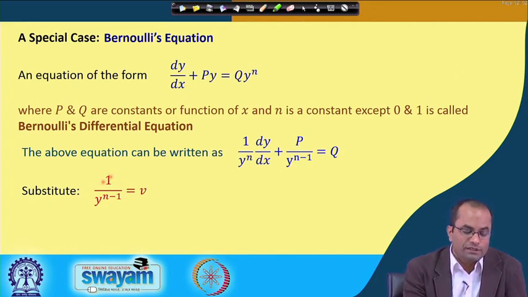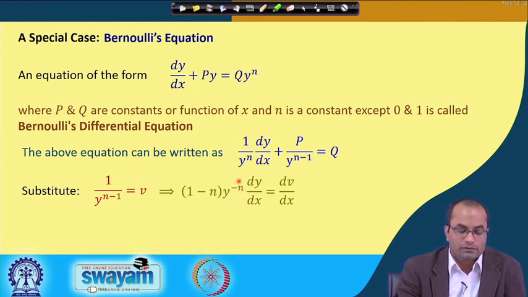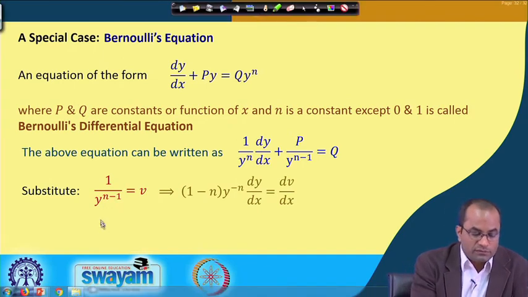So, if we differentiate here, what will happen? We have y power minus n plus 1 is equal to v.